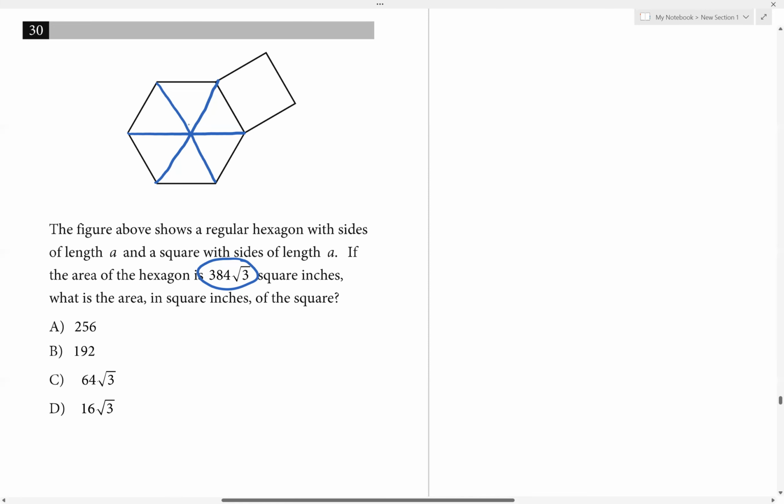If you want to prove it, all the central angles should add to 360 because that's a full circle. Since we have 6 angles, we do 360 divided by 6. Each angle up top should be 60 degrees. The two sides are radii of the hexagon, so they are the same, which means the 2 base angles also have to be the same.